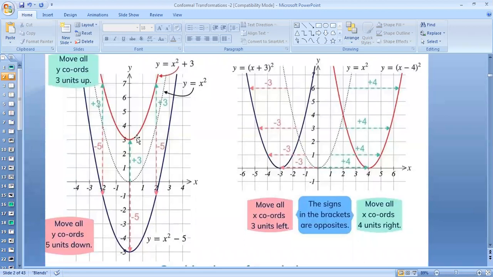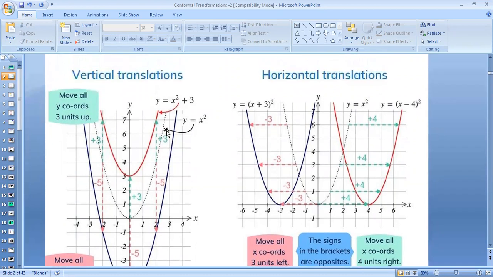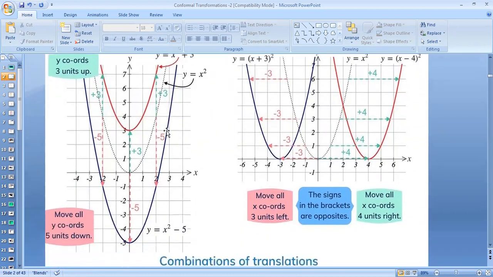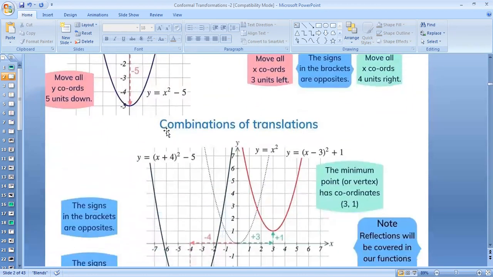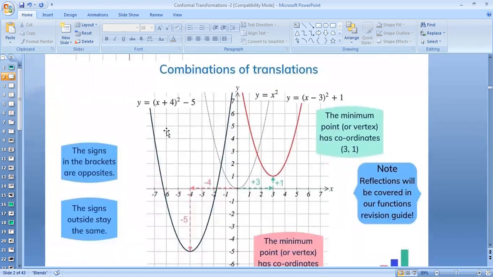Actually the origin of a curve can be translated to another point vertically or horizontally. This is called translation. Now, combining translations, we can translate along the x-axis and along the y-axis together like this. This is a very easy example for intermediate level. This is the curve of y equals x plus 4 whole square minus 1.